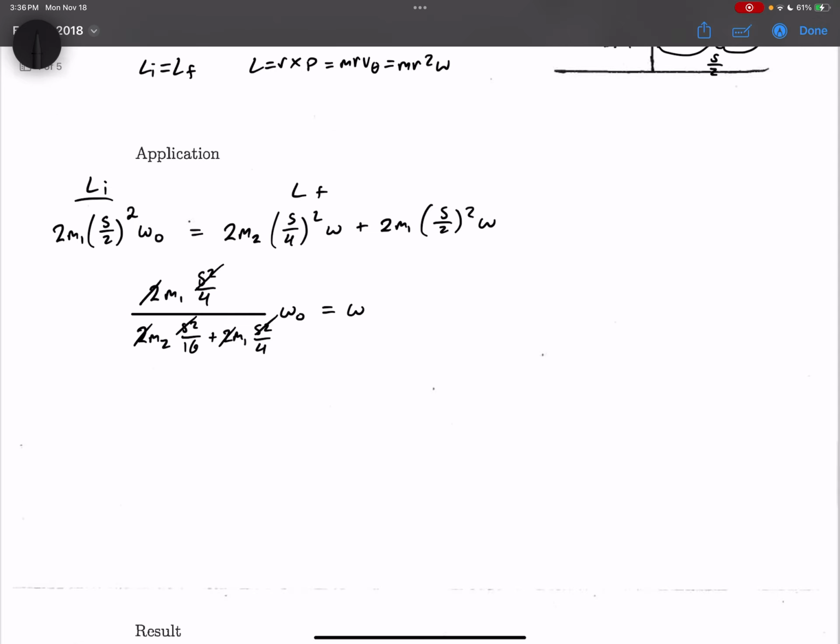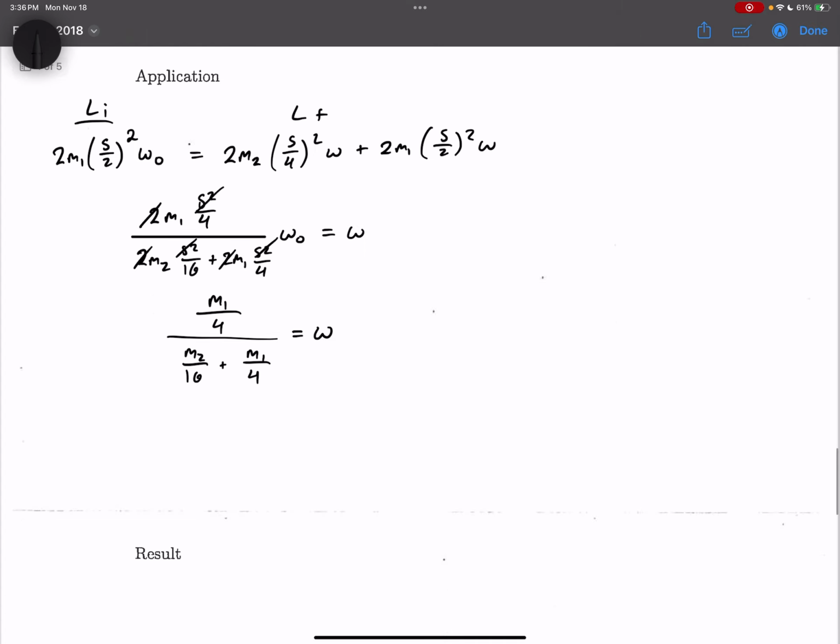So we end up having m1 over 4, m2 over 16 plus m1 over 4, which you can even simplify further to just m2 over 4 plus m1 times omega naught.